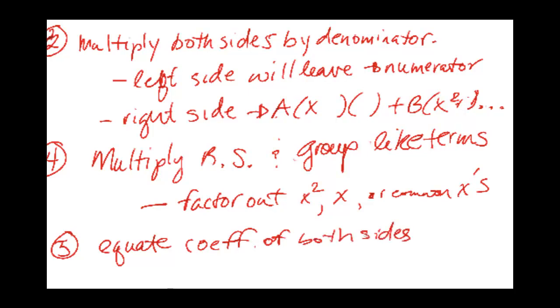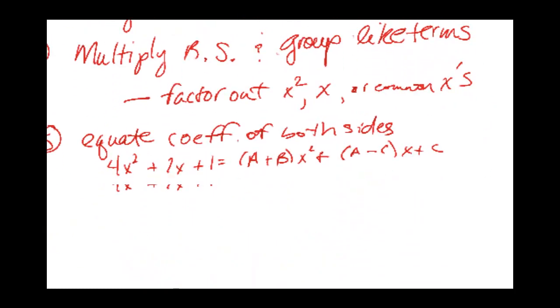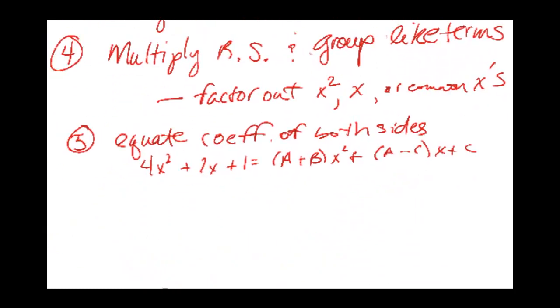So what that means is, if I have 4x squared plus 2x plus 1 equals a plus b x squared plus a minus c x plus c. This is how I do that. The x squared coefficient is 4 here and a plus b there.